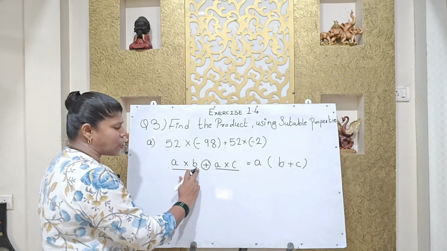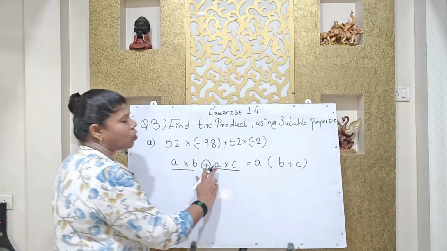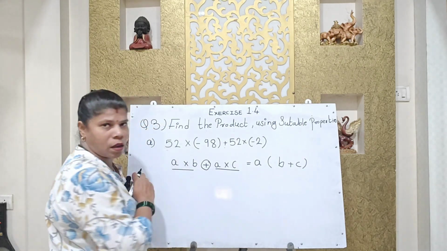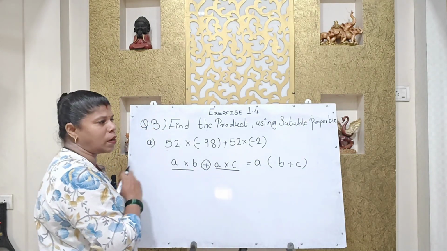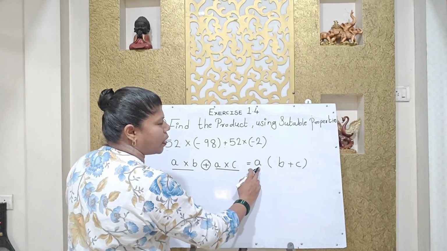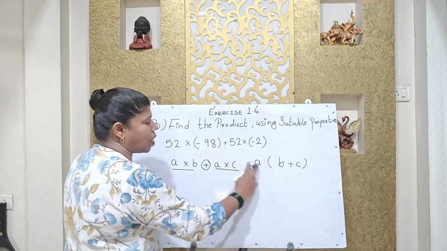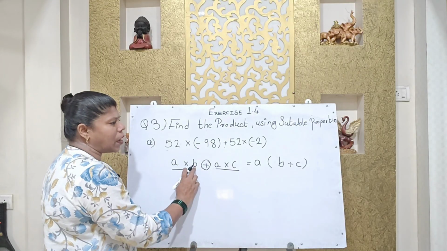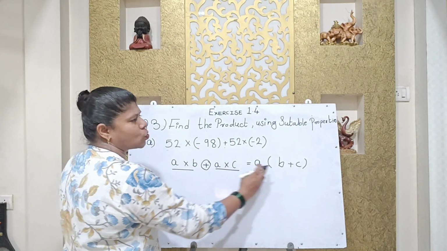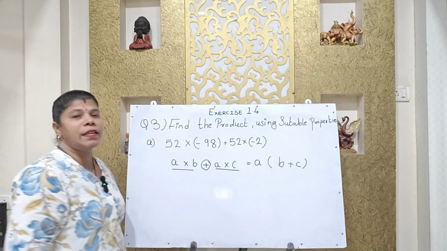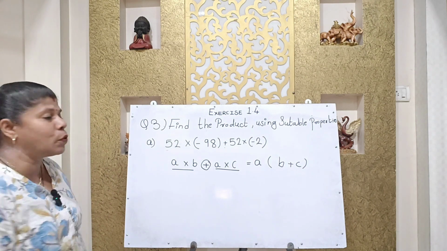So from this expression we took out A because A is common in both expressions. We always remove it outside of the brackets. हमने A निकाला बाहर, बचा क्या, B plus C. So B plus C, and this property is a distributive property.